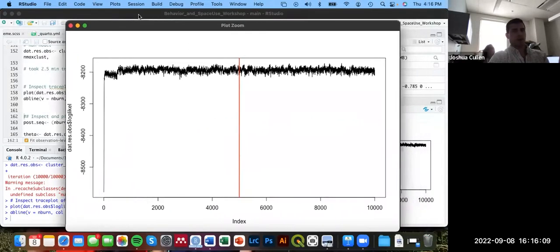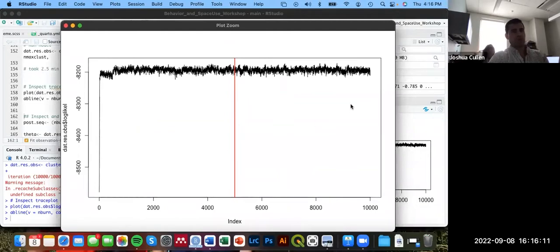So we want everything after the burn-in period, so everything to the right, to basically be a flat line that's reached an asymptote. This indicates that we've reached our posterior distribution, and it looks like a fuzzy caterpillar, which is kind of the technical term used for investigating trace plots in Bayesian models. So to me, this looks good. It looks like it's converged on the posterior distribution.